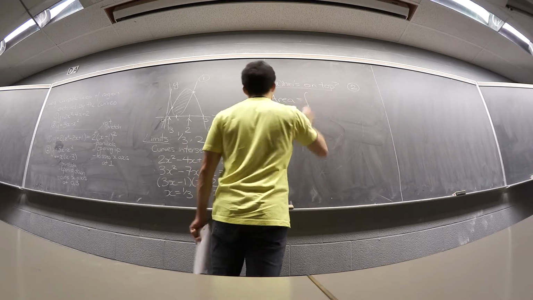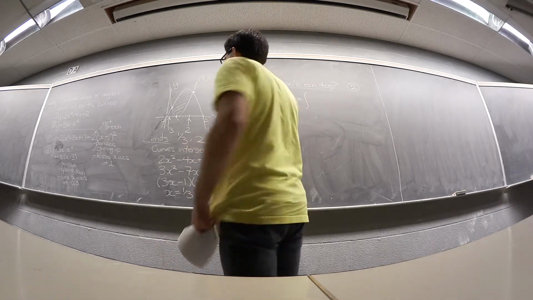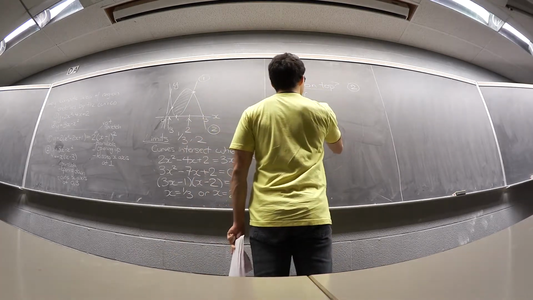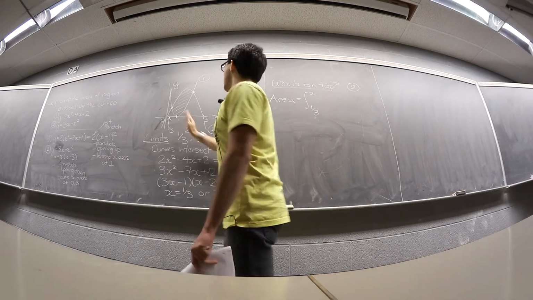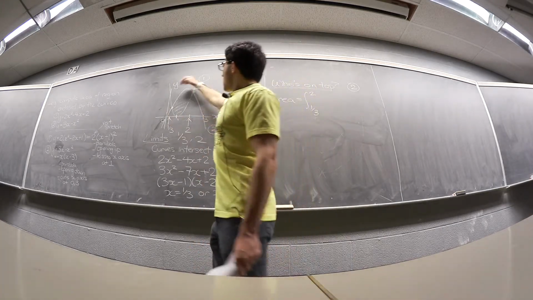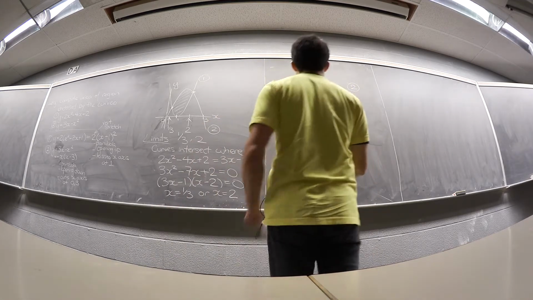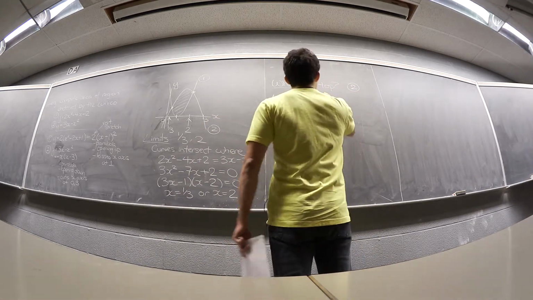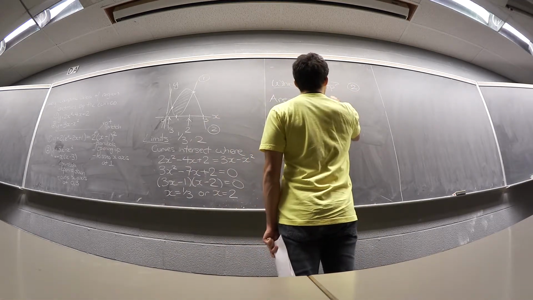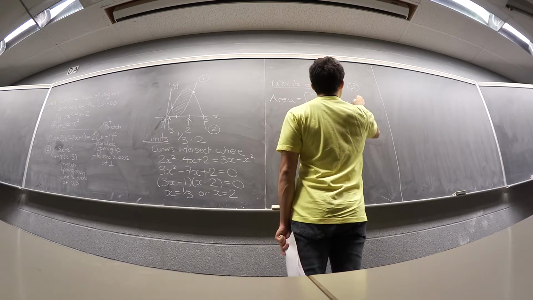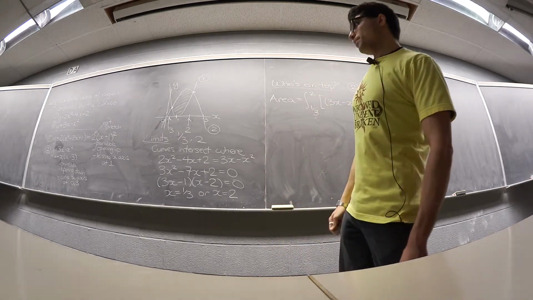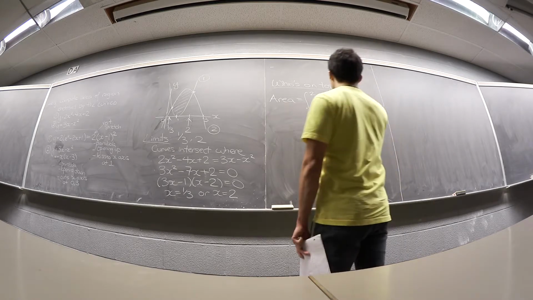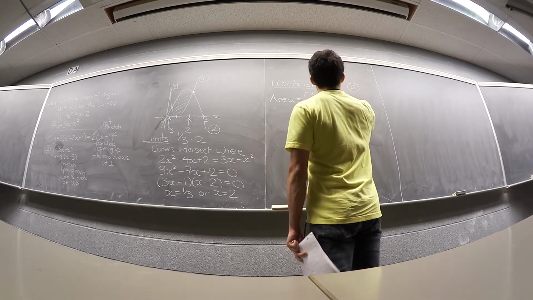The area is equal to, we integrate from 1/3 to 2. We go from here to here. Top, how do I write this? Top minus bottom. So again, top minus bottom.